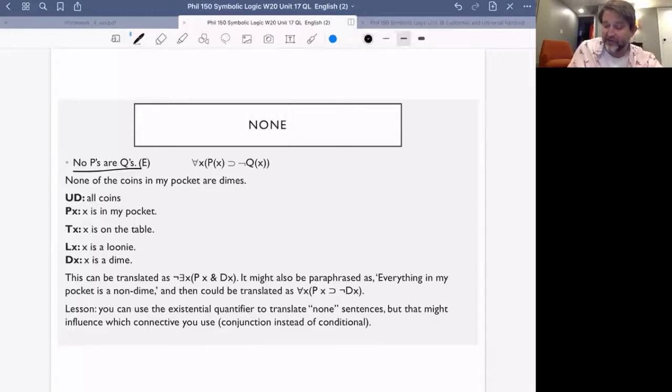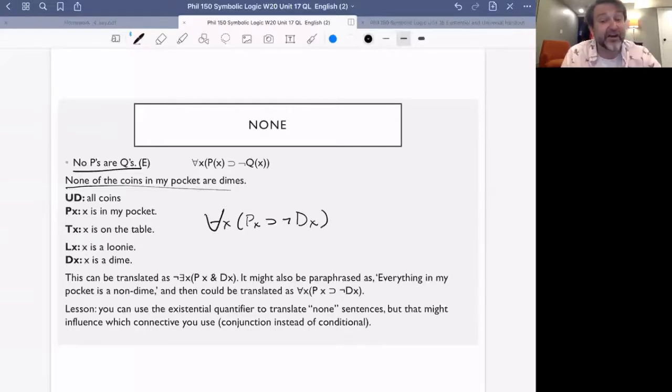So if we want to say none of the coins in my pocket are dimes, the way that we would say that is for all things x, if x is in my pocket, then it's not the case that x is a dime.